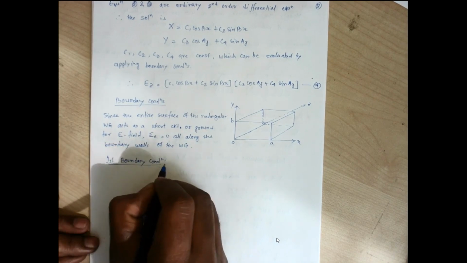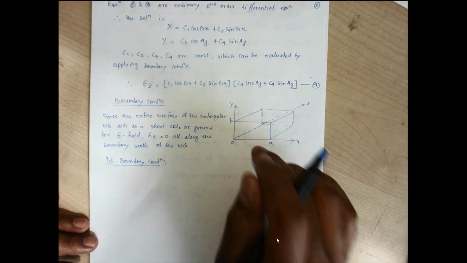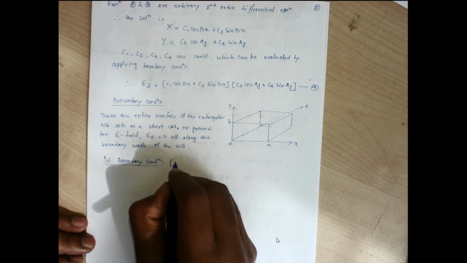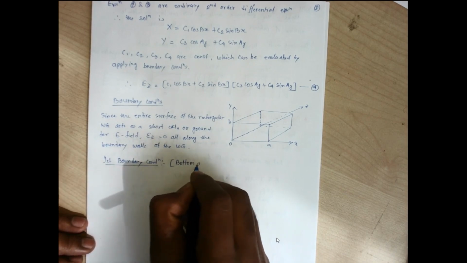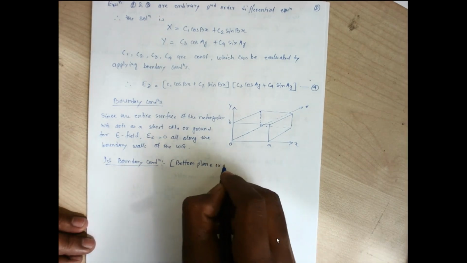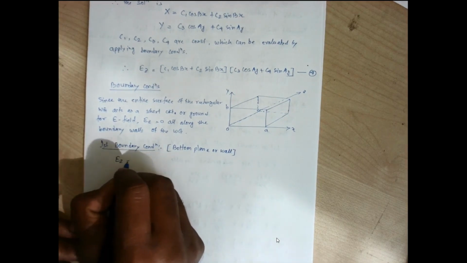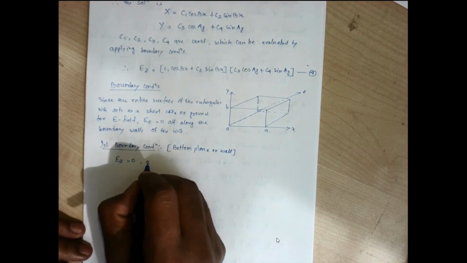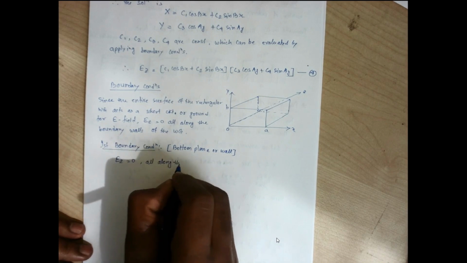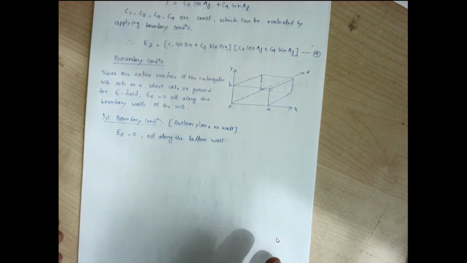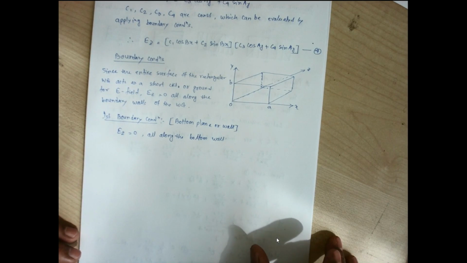That is the boundary condition with respect to this bottom plane or bottom wall. So obviously Ez is equal to 0 all along the bottom wall. Why? Because it is a conducting surface, the electric field will vanish on those surfaces because it will act as a short circuit.